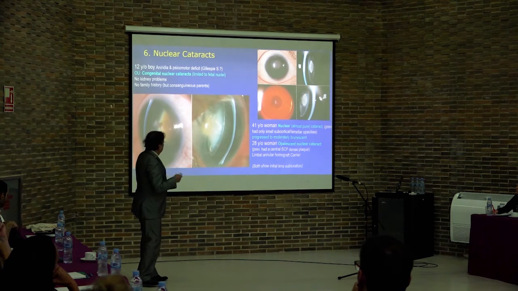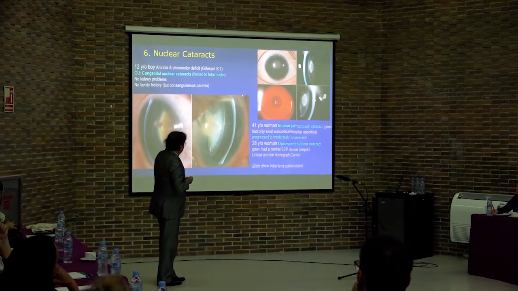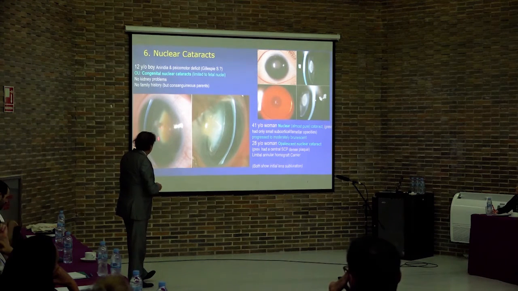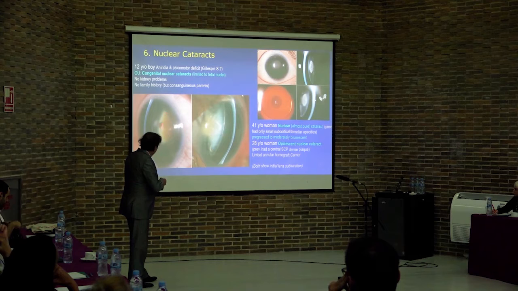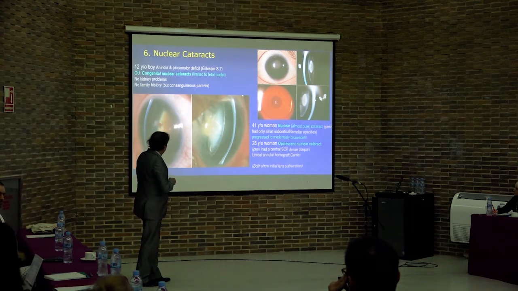And these are 2 different cases. Of course, these patients may develop the standard nuclear sclerosis but at earlier ages. You can see this is a 41-year-old with already relatively opalescent nuclear cataract and also a little bit of subcortical opacities.